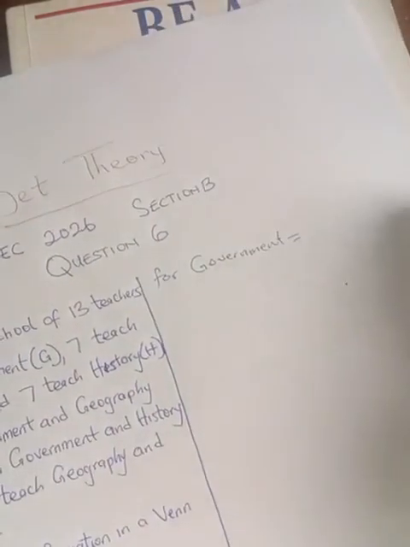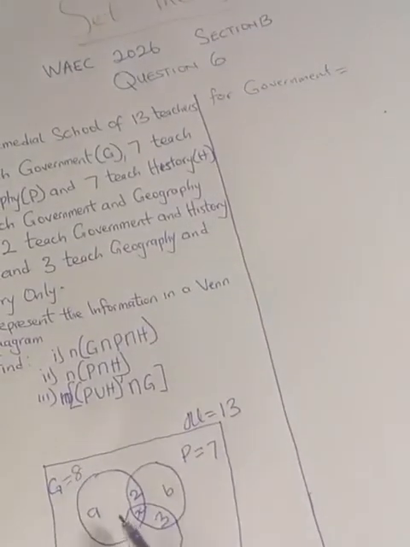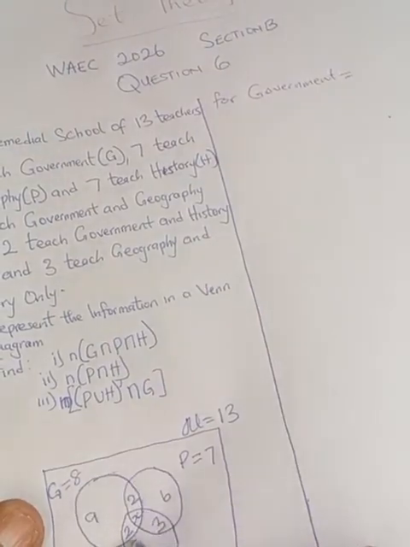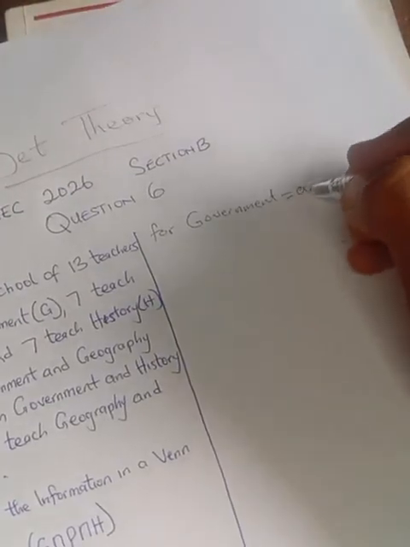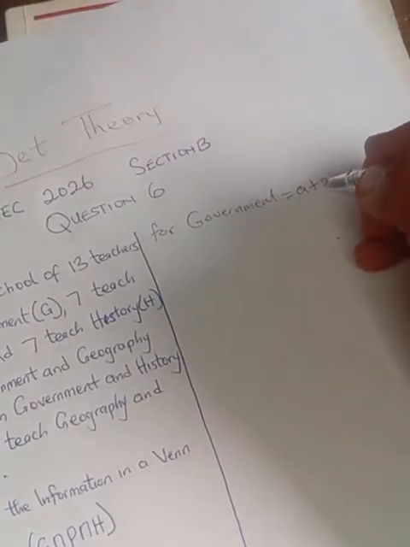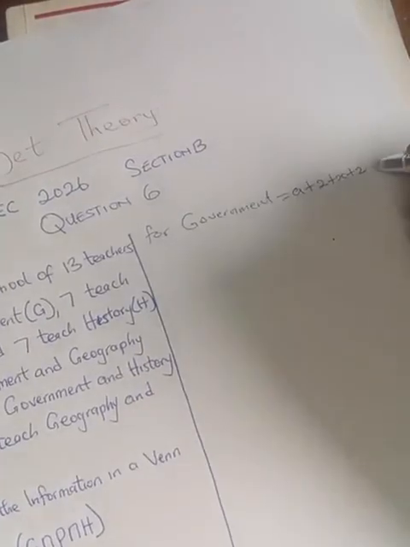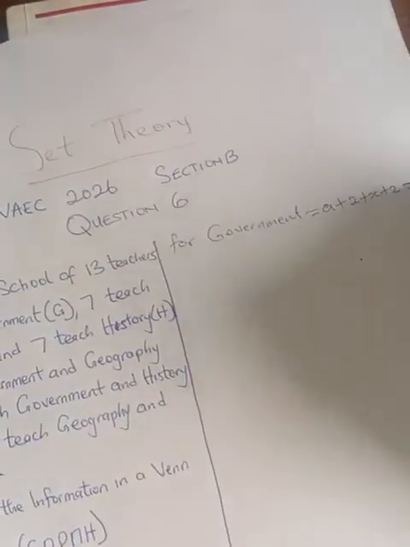For government, let's look at the government side. What are the things under this circle? Inside this circle, you have 2, 2 and x. So I'm going to do something like this: A plus 2 plus x plus 2 equals the total for government, 8.